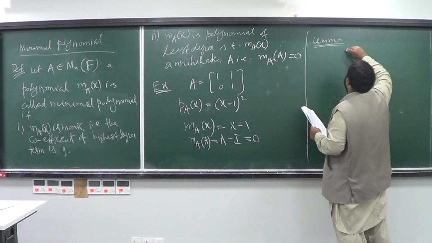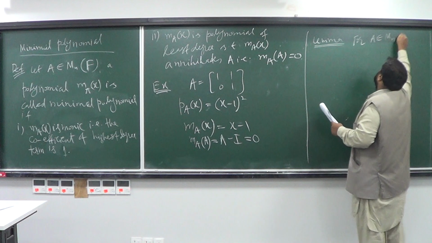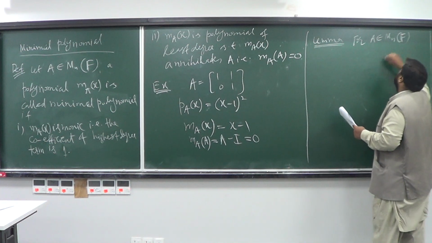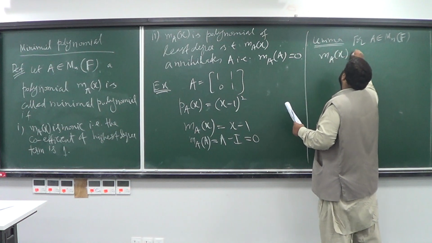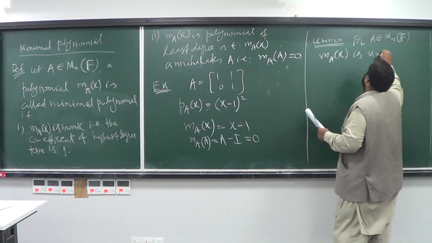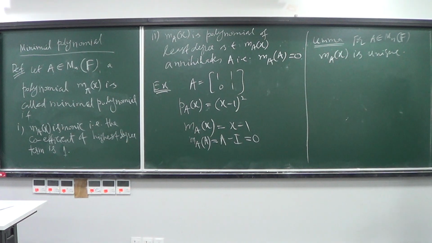The lemma says, first of all, for a given square matrix in M_n with entries in F, the minimal polynomial is unique. You can't have more than one minimal polynomial for the matrix.